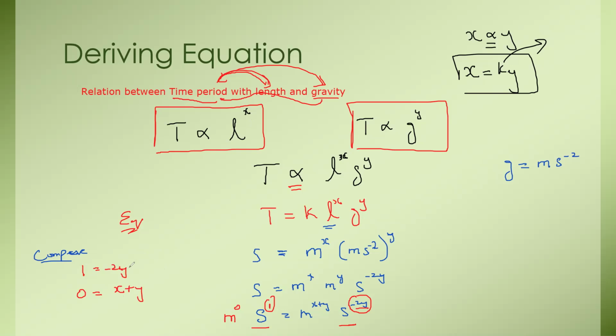So if 1 is equal to minus 2y, if I simplify this, it will be 1 divided by minus 2 is y, or y is equal to minus half. Is it clear, the value of y? Any doubt in this?